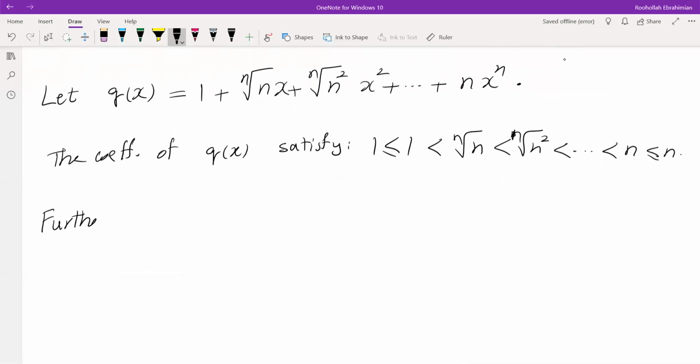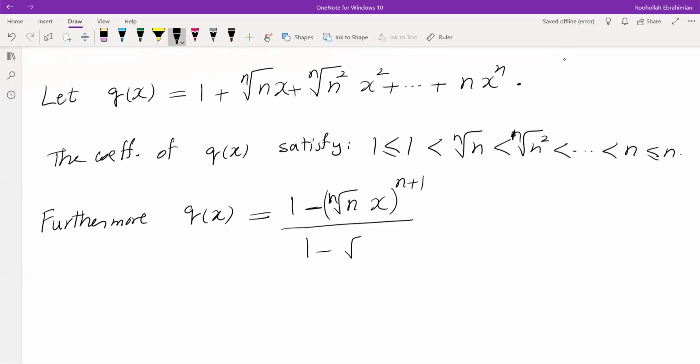Furthermore, q of x is a geometric sum. So it is the first term, 1, minus nth root of n x to the power of n plus 1, divided by 1 minus the common ratio, nth root of n times x.